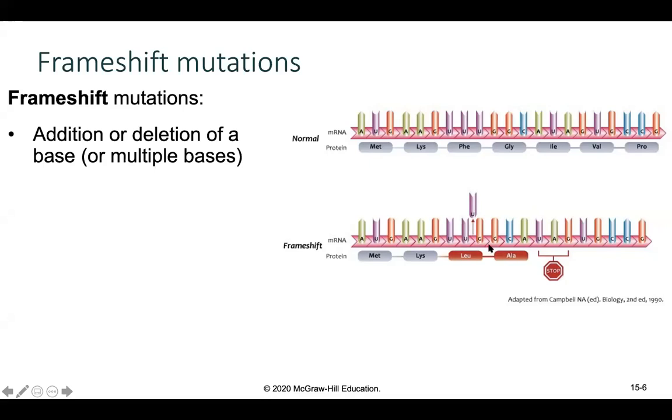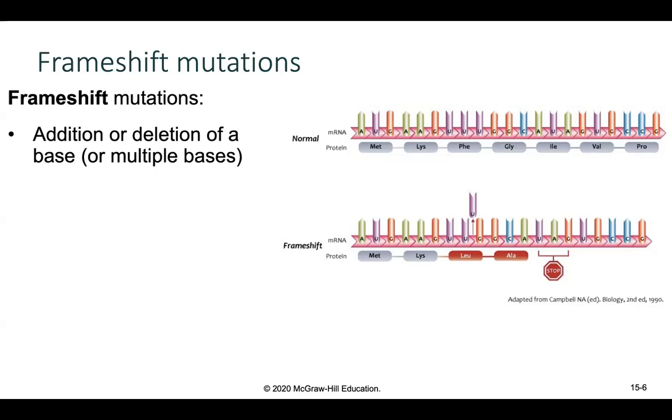Can 3 of the same letters not be together, like the 3 U's? Oh no, they can be. UUU will code for an amino acid. That's totally fine. But the mutation is that one of these is deleted. For some reason, something random happens and that U was just taken out. So now instead of UUU, you have UUG.